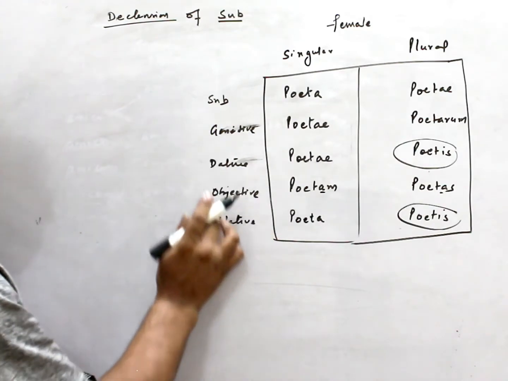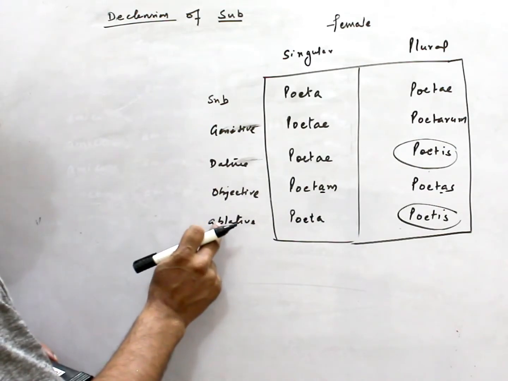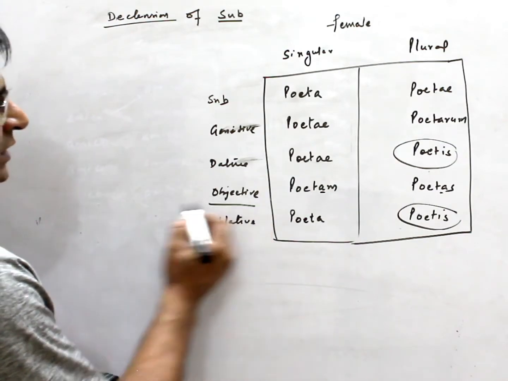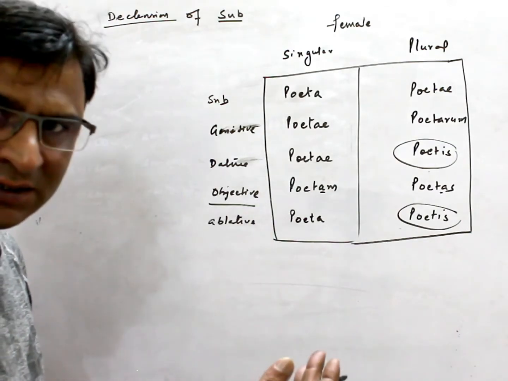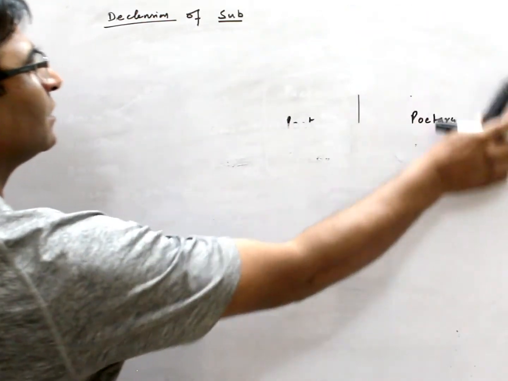So you have to remember what is genitive, what is dative, what is ablative, what is objective. The objective is used when it works as the object. So these things we have learned.